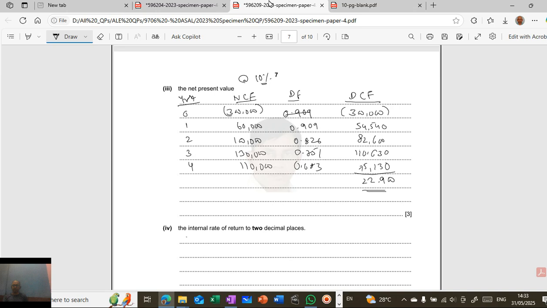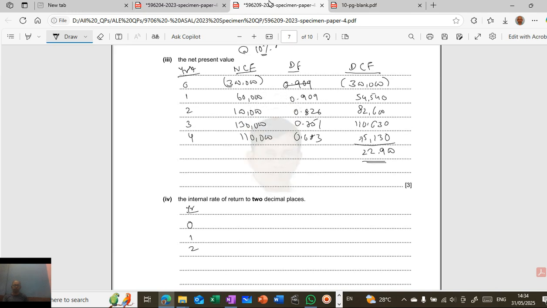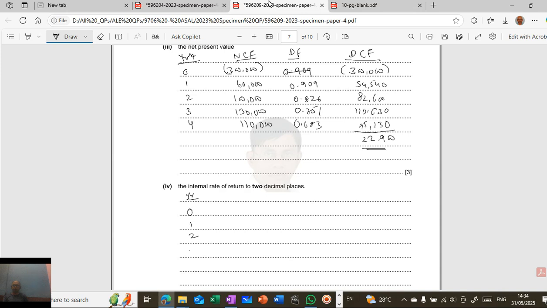Since you already calculated 10%, you don't have to calculate again. You just calculate at the rate of 12%. We just use the net cash flow and then we take the discounting factor as 12%. That's all.